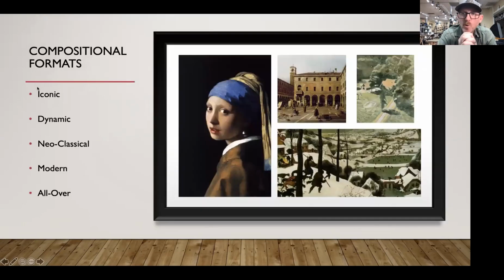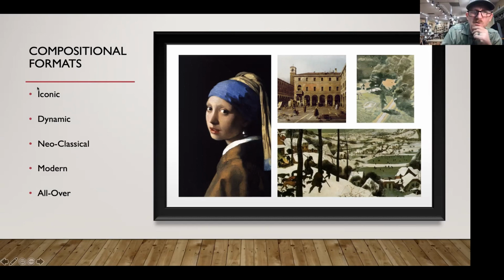These compositional formats exist in either singular isolation, or we find multiple crossover between these 5 points in each work of art. And more than just having 5 categories to stuff compositions in, I want to explore the why. I want to explore what are the benefits and what are the liabilities of each of these 5 categories. So again, let's take some notes here.